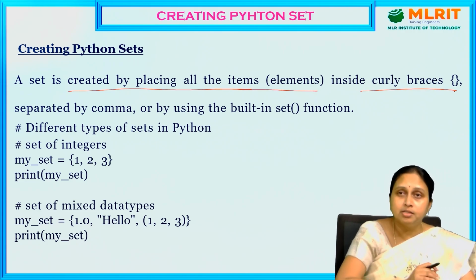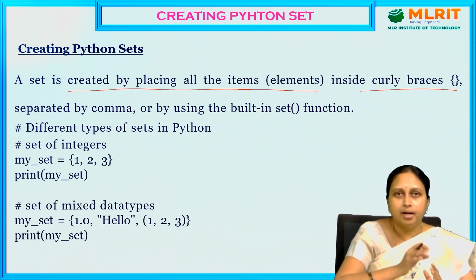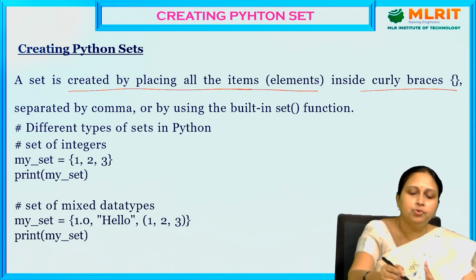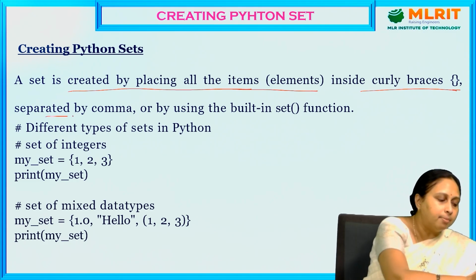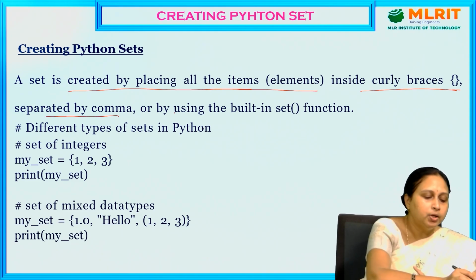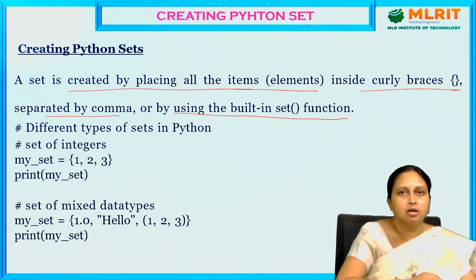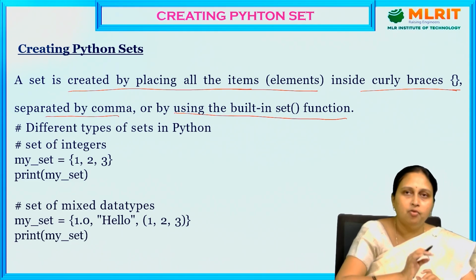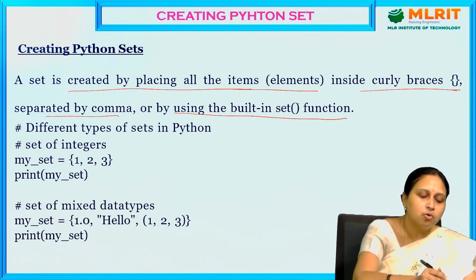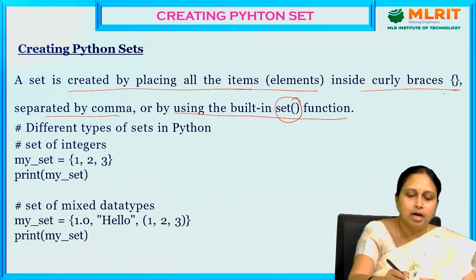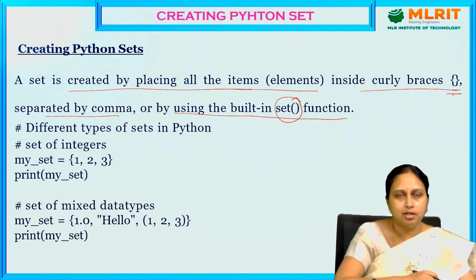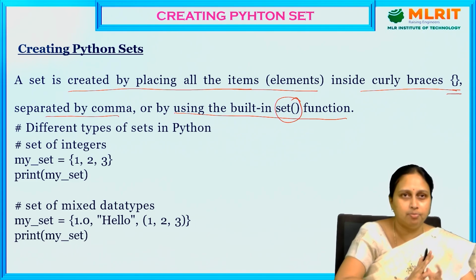We have already seen curly braces in dictionaries, but in a set also we use curly braces, separated by commas, or by using the built-in function called set. If you want to use the built-in set function, we can use it directly. Otherwise, by using curly braces we can define the set, and that will be assigned to a variable.